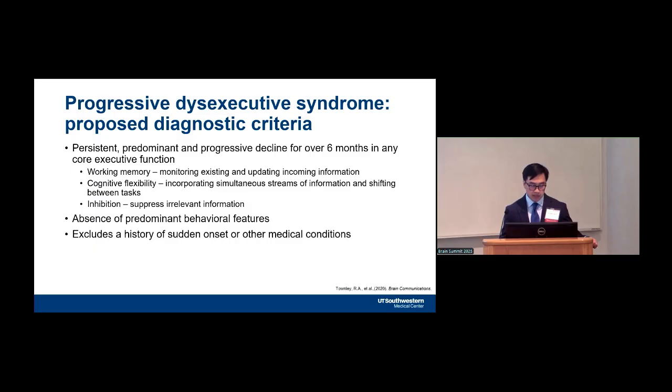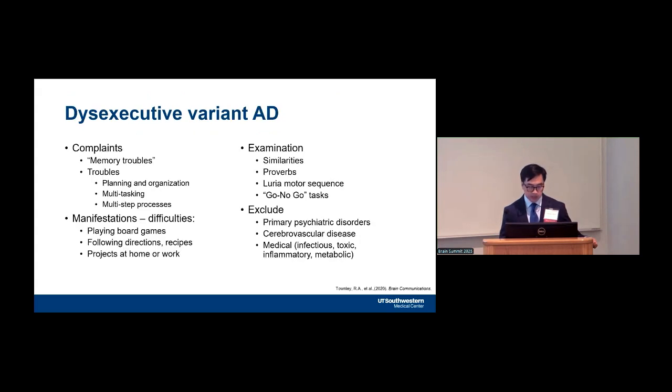While they may not necessarily have episodic memory impairment, they would have progressive declines in executive functioning, working memory, cognitive flexibility, and inhibition. They should have a lack of predominant behavioral features, and you would want to exclude a history of sudden onset or other medical conditions that could cause this.